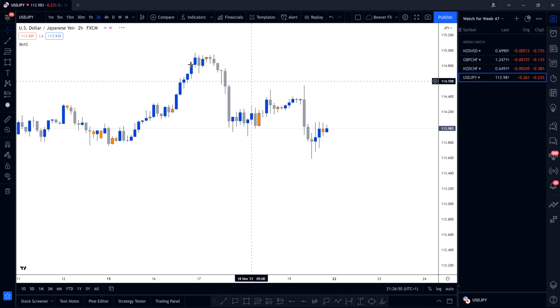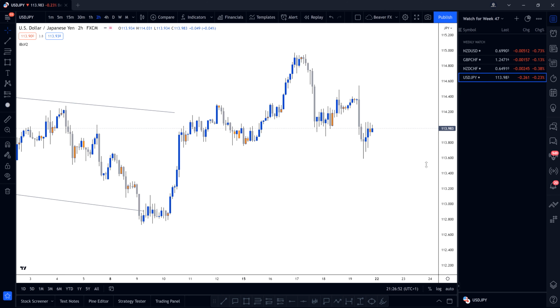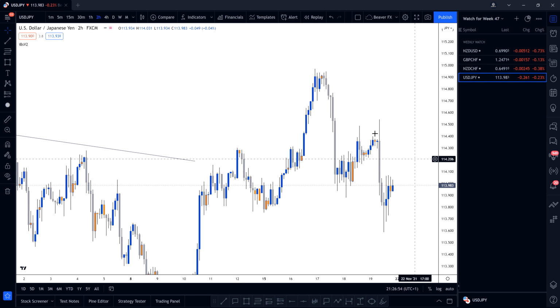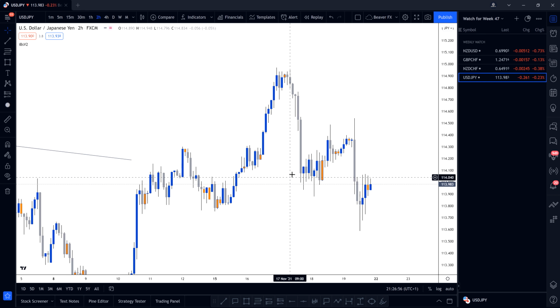Let's go to the 2-hour time frame. Now we have this sharp move to the upside. It came down. We had this consolidation movement. Then we also had this move to the downside.